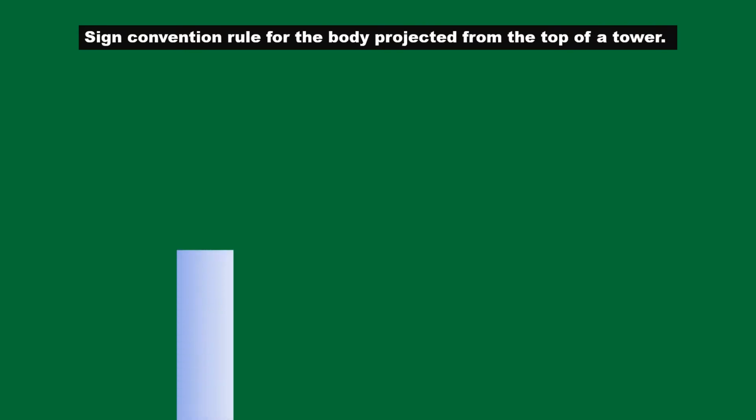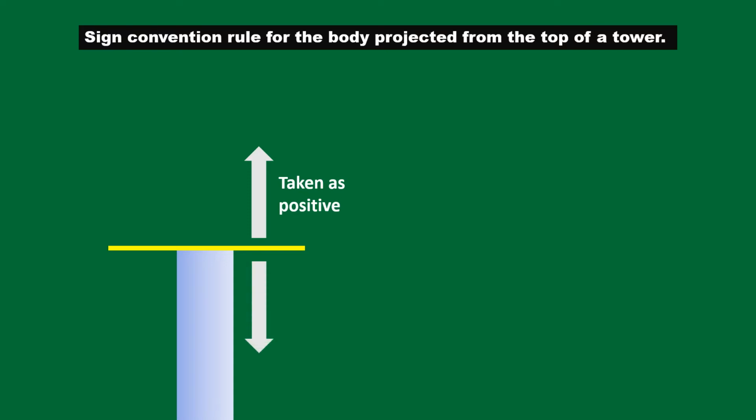Let us suppose this is the tower, and this line is the reference line. The physical quantities which are measured above this reference line are taken as positive, and the physical quantities which are measured below this reference line are taken as negative.